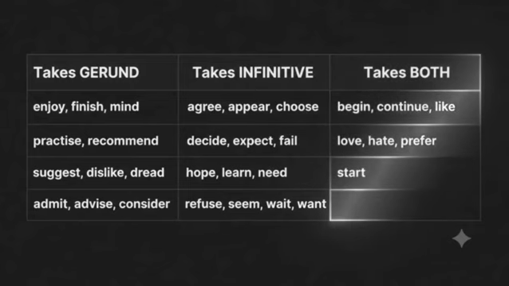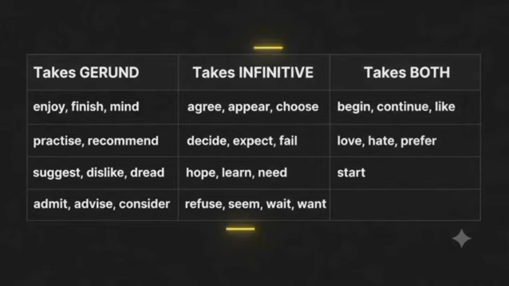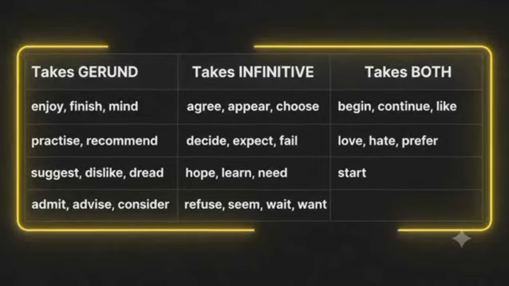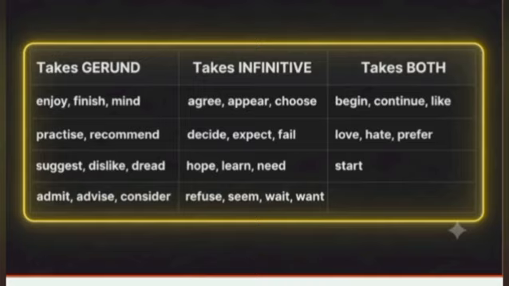And a few verbs accept both. For example, begin, continue, like, love, hate, prefer, start. Pause and take a screenshot of this slide right now. You will want it for revision.